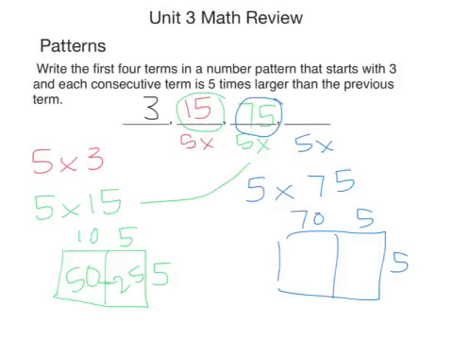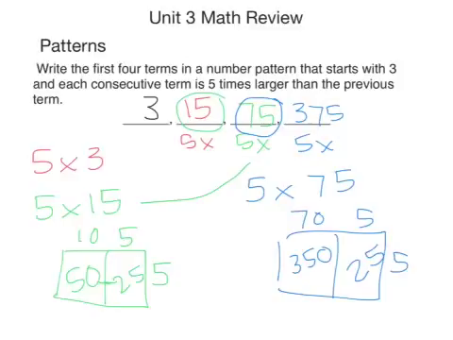So 5 groups of 5 is the same as 25, and then 70 groups of 5. So 5 and 0 is 0, and then 5 and 7 is the same as 35. And then when I add 350 to 25, I get 375.